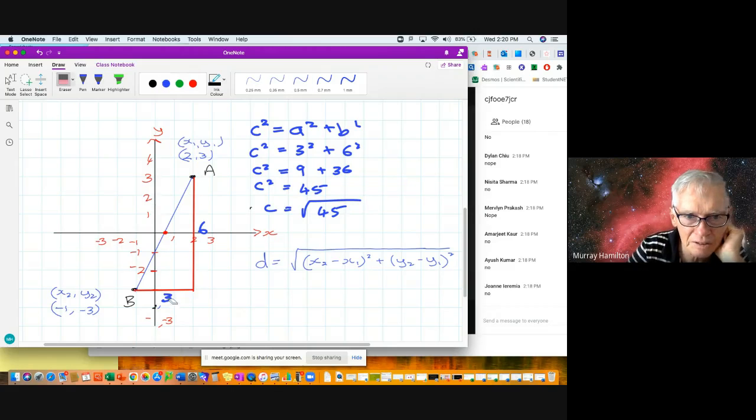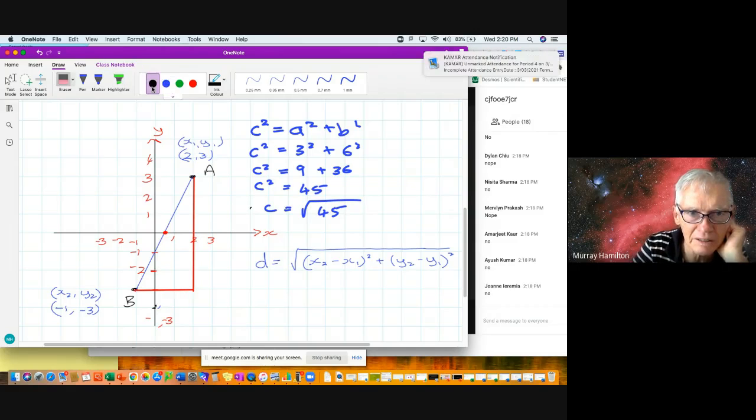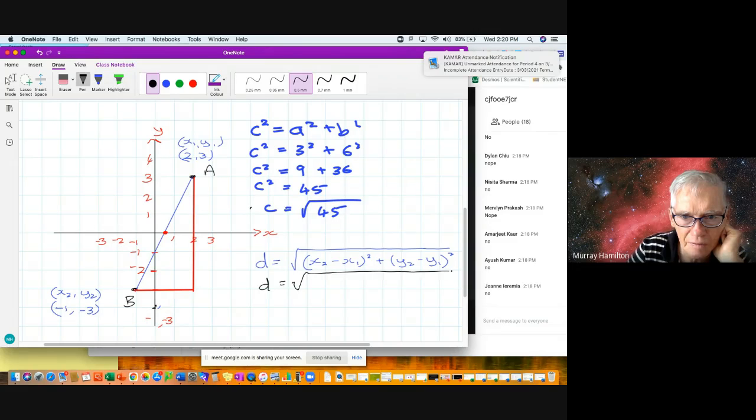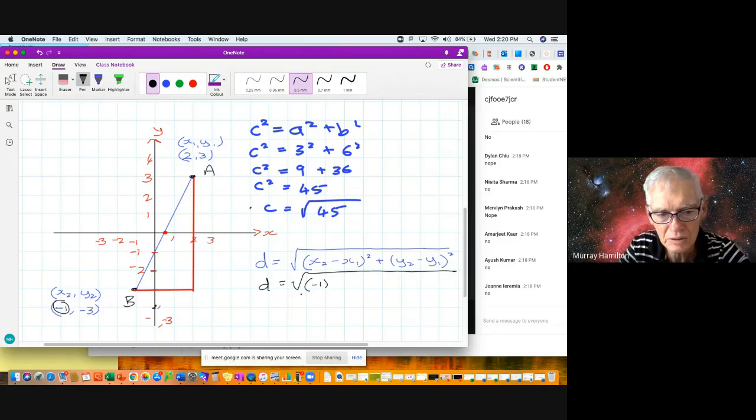So it's just a case of putting it into your formula. D equals the square root of, I take my x2 value, which is -1, and put that in brackets: open bracket, -1, minus, then I put my x1 in there, which is 2.